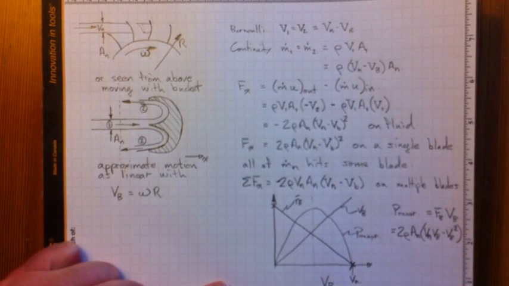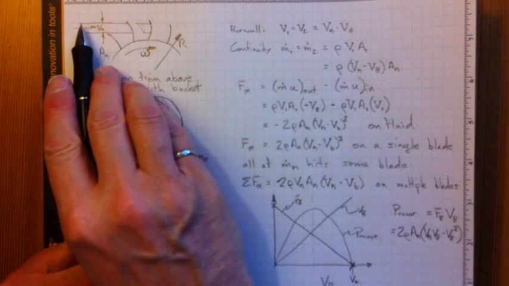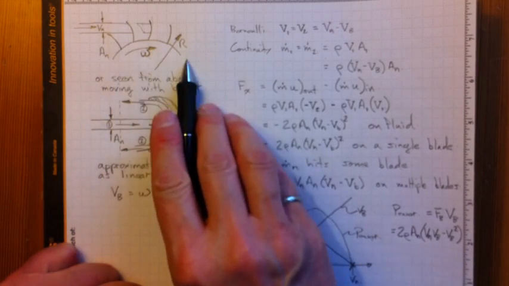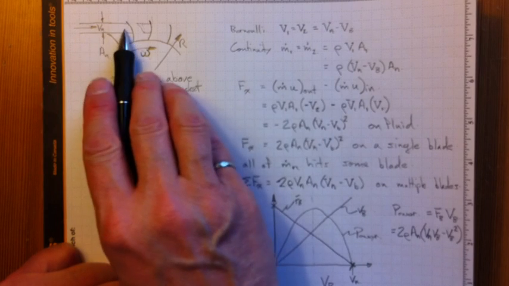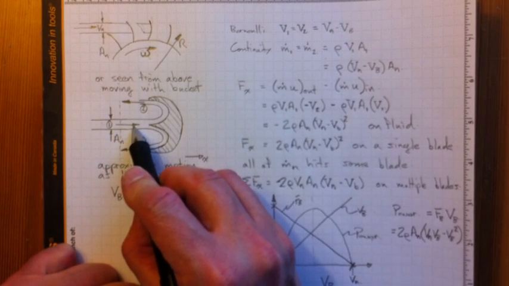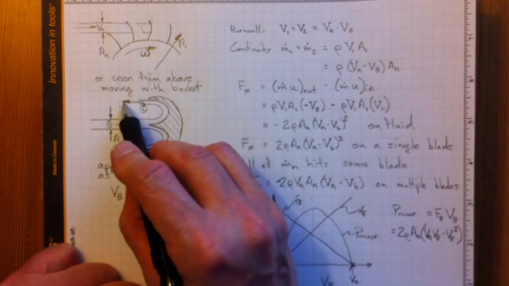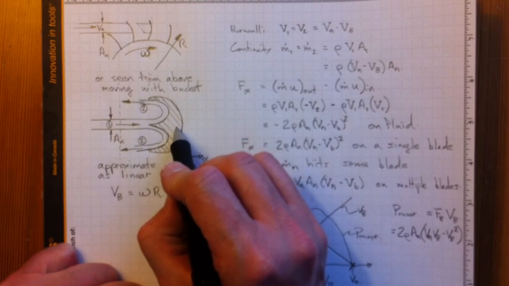output from our blades. Now this makes sense because what's happening if the wheel is moving at exactly half the speed of the nozzle? Well, stuff will be coming in here at 1/2 of the nozzle velocity. It'll be coming back out of there at 1/2 of the nozzle velocity relative to the bucket.